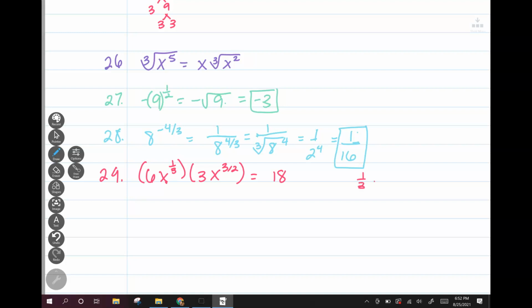I've got 1/3 plus 3/2 off to the side. Okay, get a common denominator. That gives me 2/6 plus 9/6 gives me 11/6. Okay, so x to the 11 over 6.